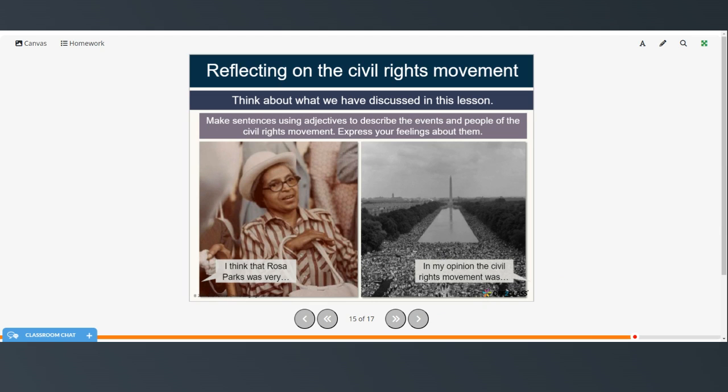So now think about what we've discussed in this lesson and see if you can make some sentences using some of the adjectives that we learned or some other adjectives that you know to describe the events of and people of the civil rights movement. So here's some sentence starters, and you can try those on your own.